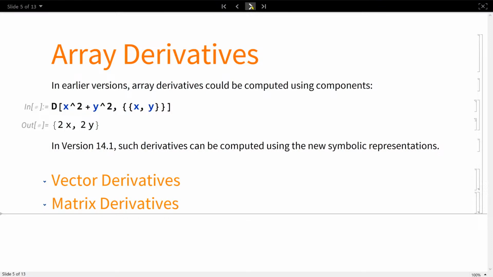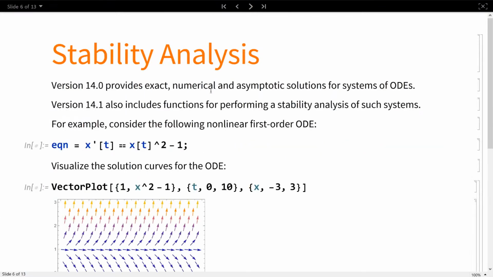Another major feature is stability analysis. In earlier versions, you could compute the exact solution for a system of ODEs using DSolve, or a numerical one using NDSolve, or asymptotic solutions using AsymptoticDSolveValue. Now, what version 14.1 does, it goes a step further and allows you to perform a stability analysis of such systems.